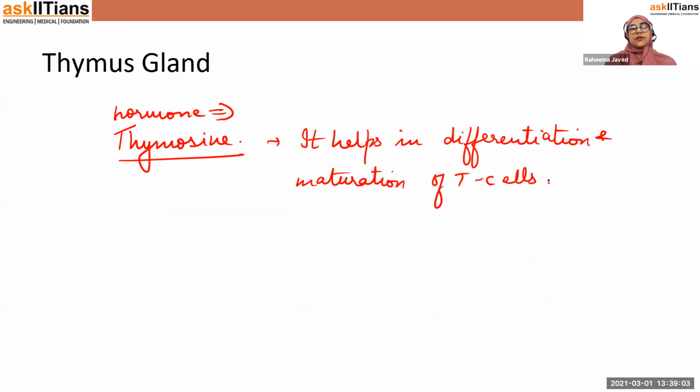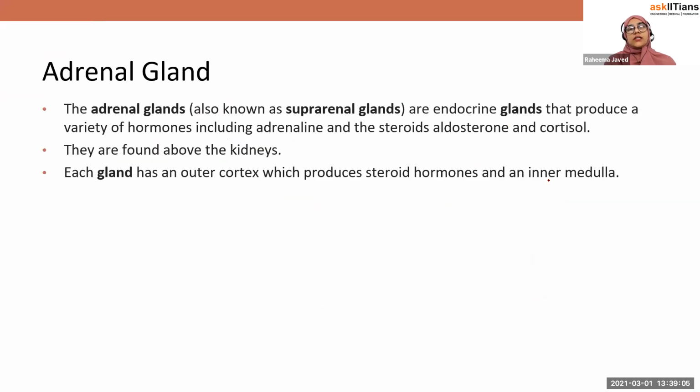Let's move on to the next gland, that is adrenal gland. Adrenal glands are also known as suprarenal glands because they are present on the top of the kidneys. They produce a variety of hormones, including adrenaline and steroids like aldosterone and cortisol. Each gland has an outer cortex, which produces steroid hormones, and an inner medulla which produces adrenaline.